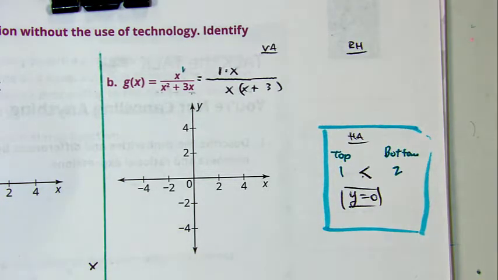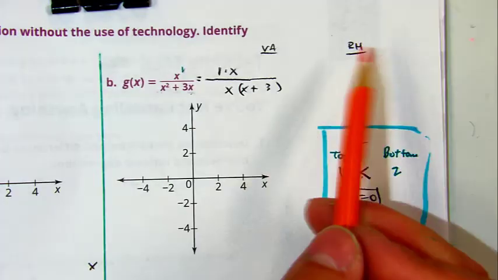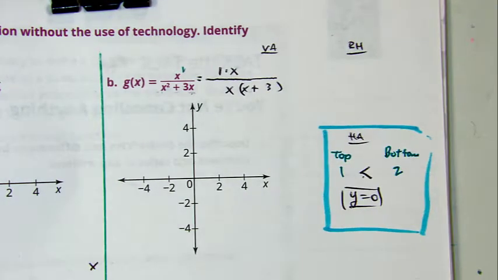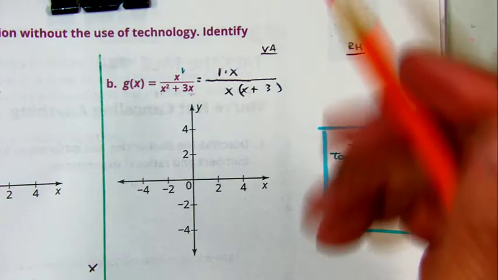Camille, based on this factoring, which one do you want to do, vertical asymptote or removable hole? Okay, how do I get that?